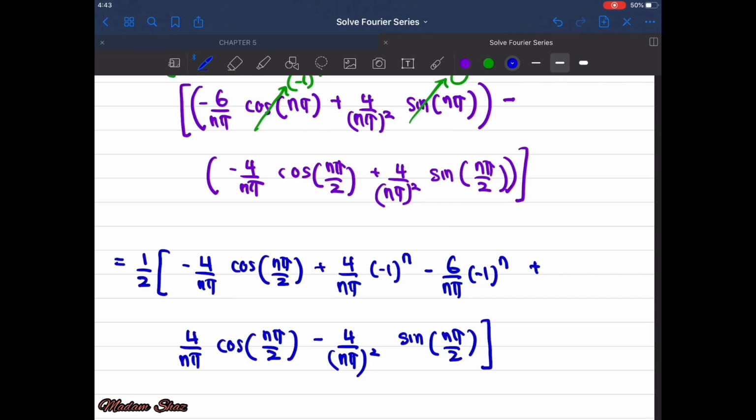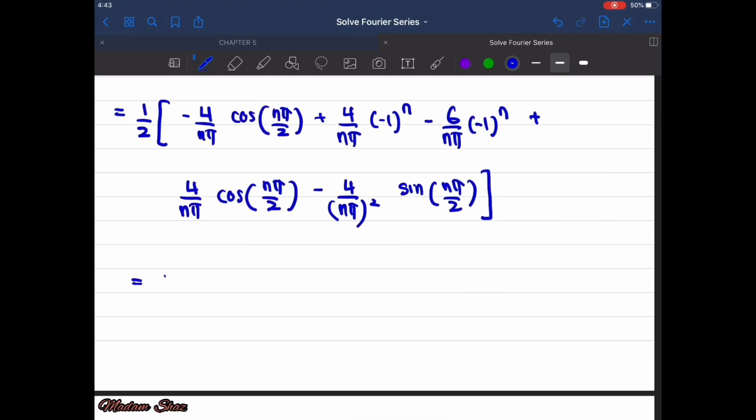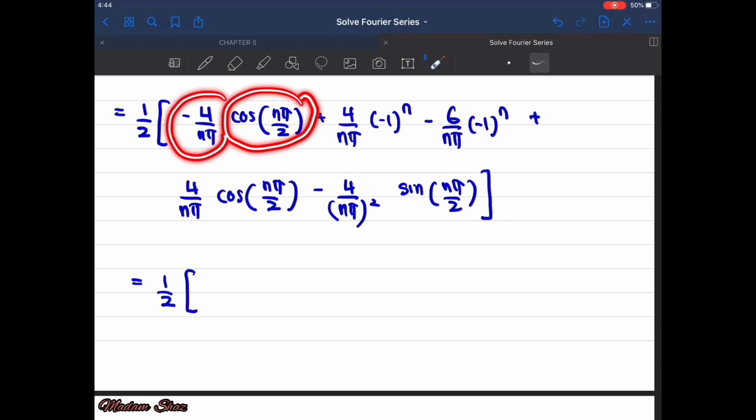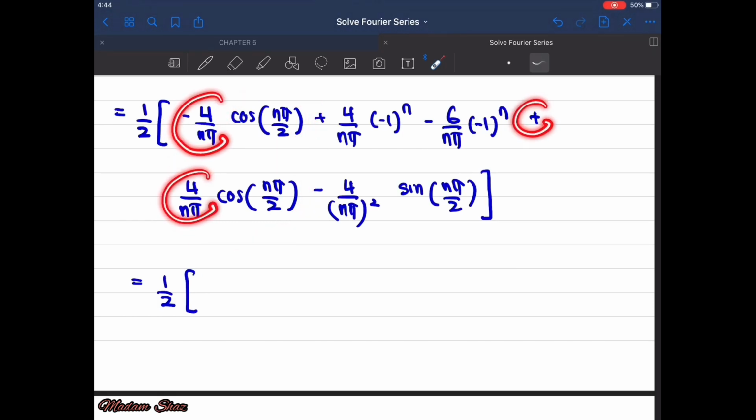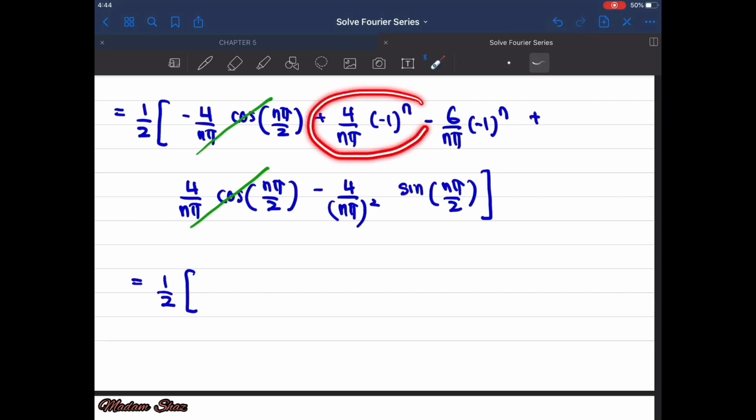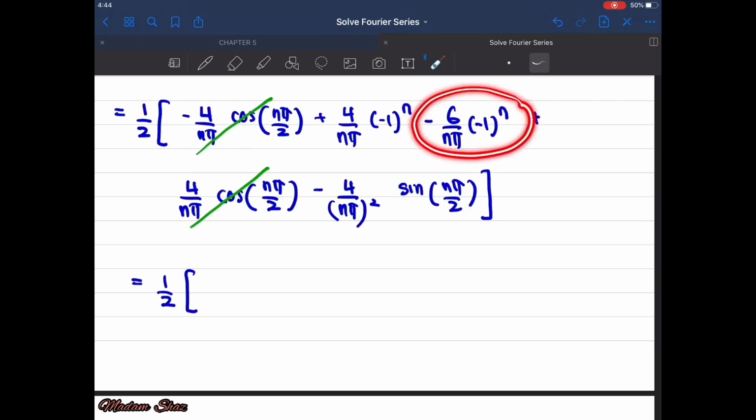So simplify if you have the same term. 1 over 2. Negative 4 over n pi cos n pi over 2 can be simplified with this one. So negative 4 plus with 4 means that we can cancel out. 4 over n pi negative 1 the power of n minus 6 over n pi negative 1 the power of n.